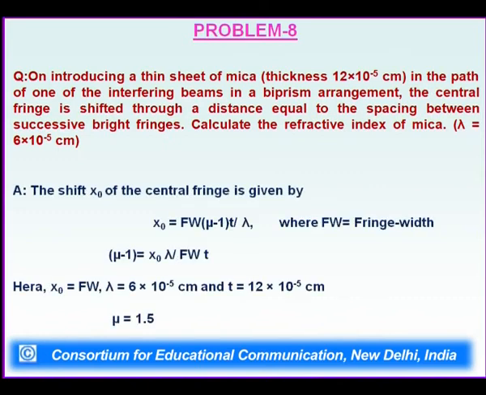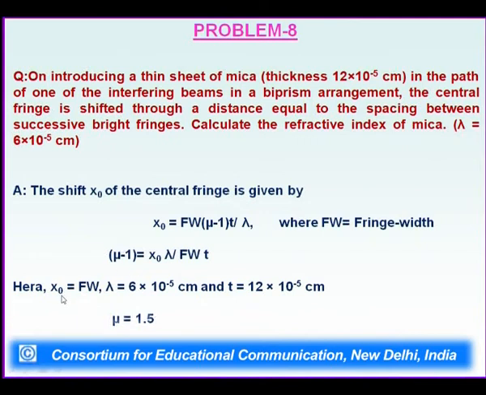The same formula we will use to get the refractive index, where the shift x naught of the central fringe is given by x naught is equal to fringe width multiplied by (mu minus 1) t divided by lambda. We take (mu minus 1) t this side and the other terms this side, because we are calculating the refractive index mu.